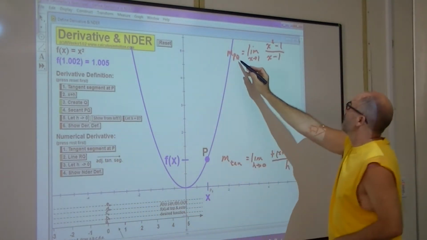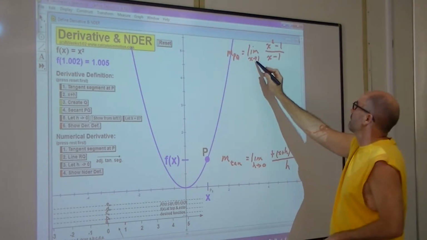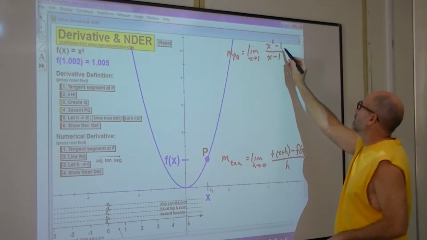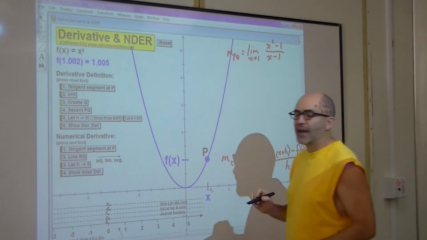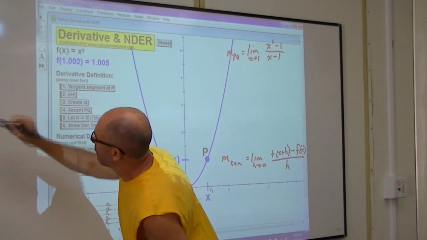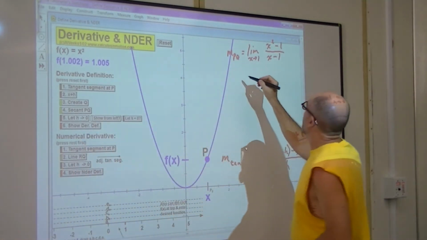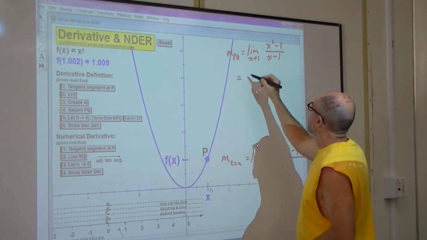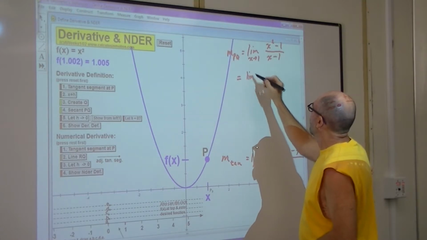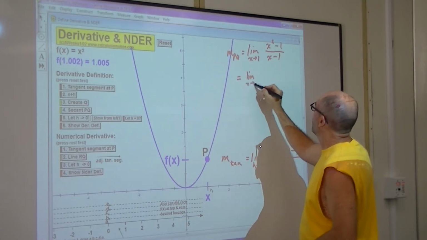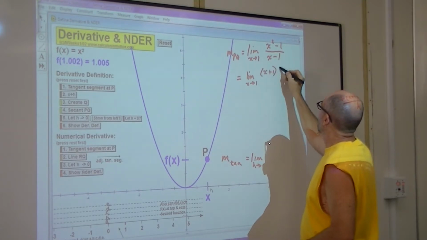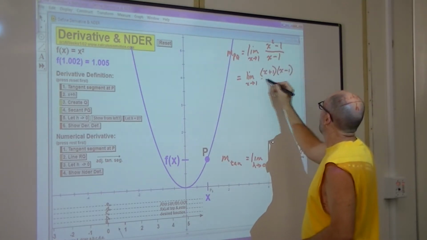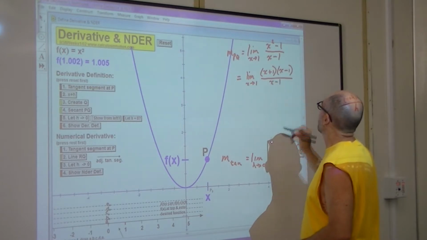Okay, so we're saying the slope of PQ is the limit as x approaches 1 of x squared minus 1 over x minus 1. Well, can we factor the x squared minus 1? Yes, we can. So this equals the limit as x approaches 1 of x plus 1 times x minus 1 over x minus 1.